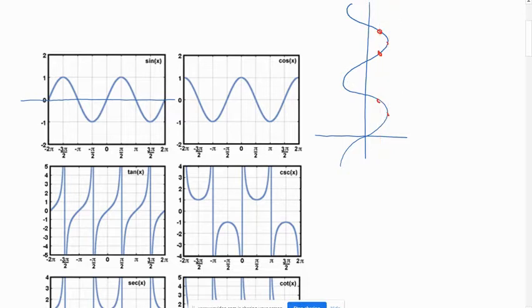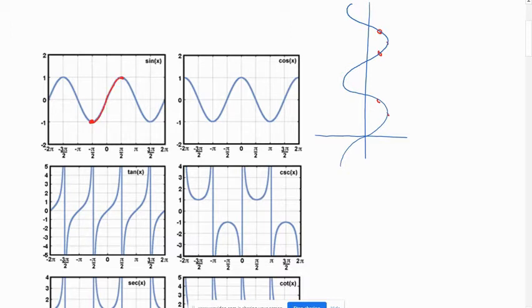And so in order to make inverse sine into a function, we have to restrict the domain of the original sine graph before we take its inverse. And so in order to make this pass the vertical line test, we're going to look at just one cycle of the sine function, from here, actually that's too far, from here to here.